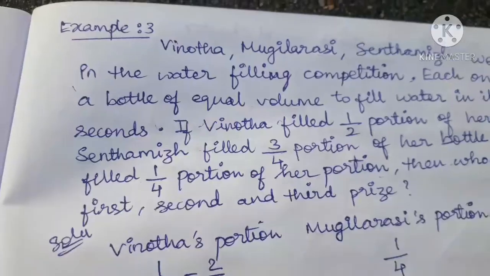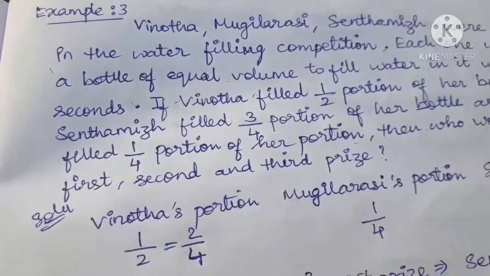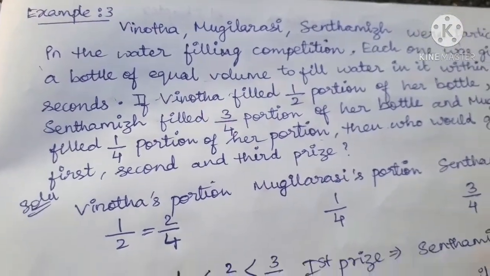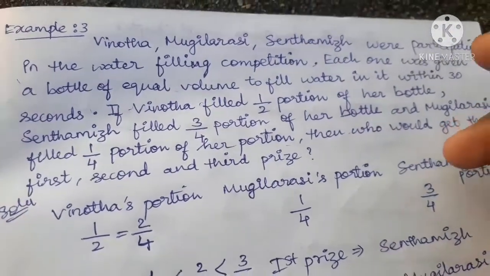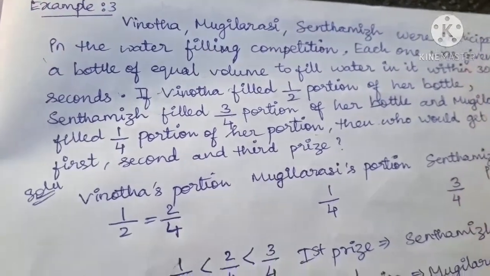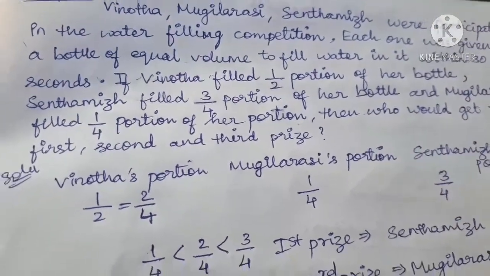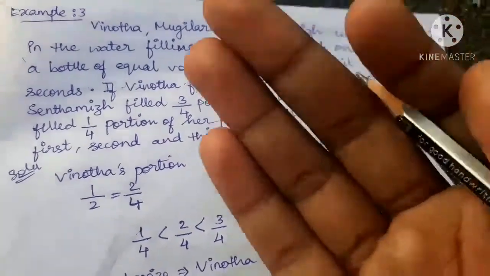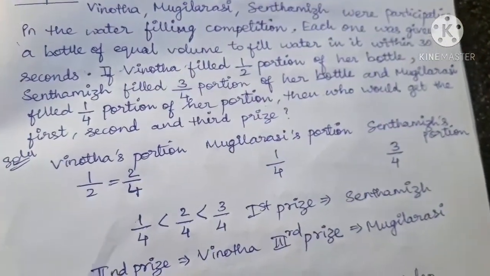The next example is number 3. It is also a very interesting one. Vinoda, Mugilarasi and Sendamil were participating in a water filling competition. Water filling means they keep the bottles and you take the water in your hands and fill the bottles.